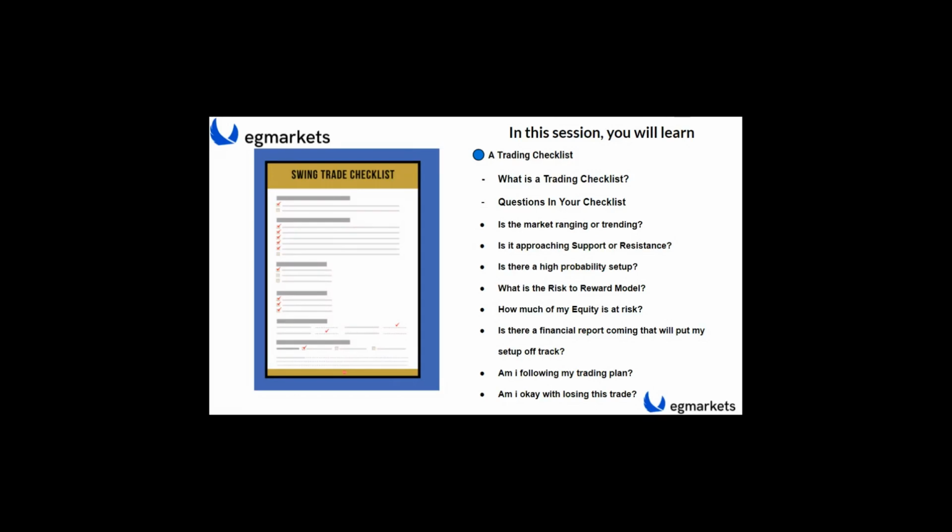Then the next question you go to is, if this trade fails, am I okay with losing this trade? Will my emotions be in check? Will my psychology with the markets be in check? Once your answer is yes, go ahead and take the trade.